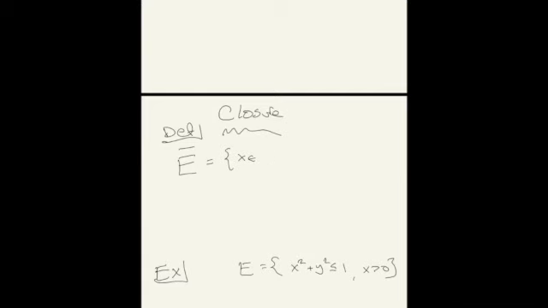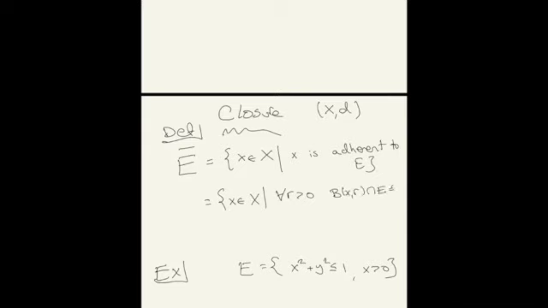All the points x in your metric space X, so we have some background metric space that we're using, all the points x such that x is adherent to E. And opening up that definition of adherent, it's all those points in X such that no matter what radius r you take, and this has to be positive, the ball of radius r intersected with E is not empty.